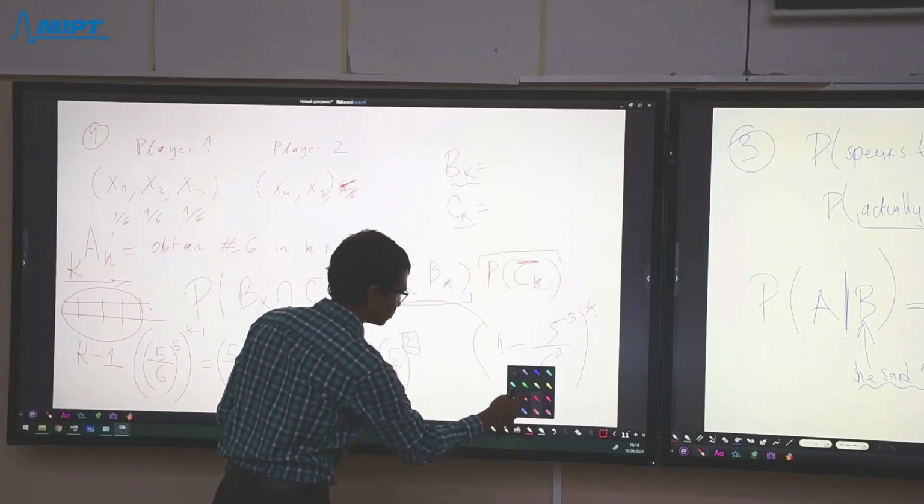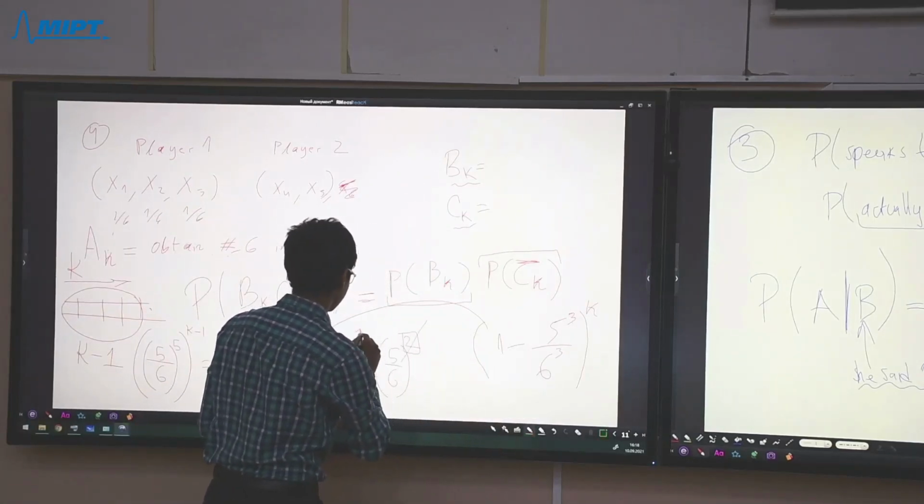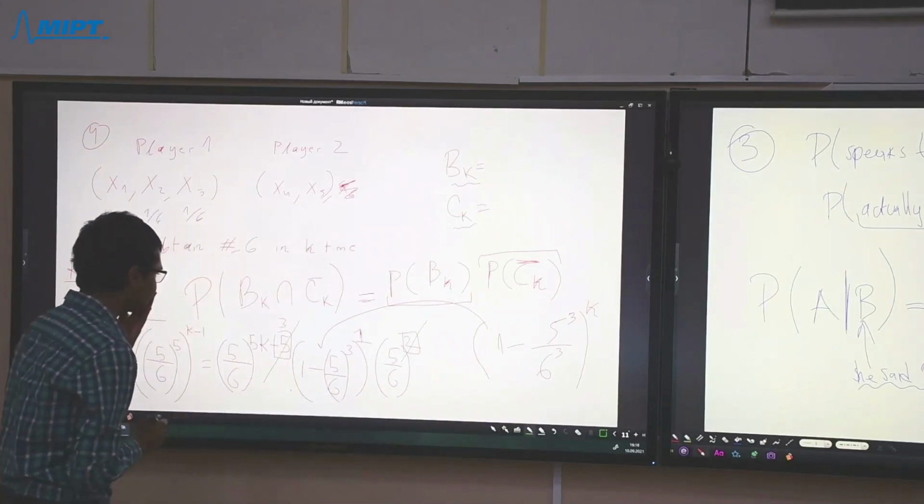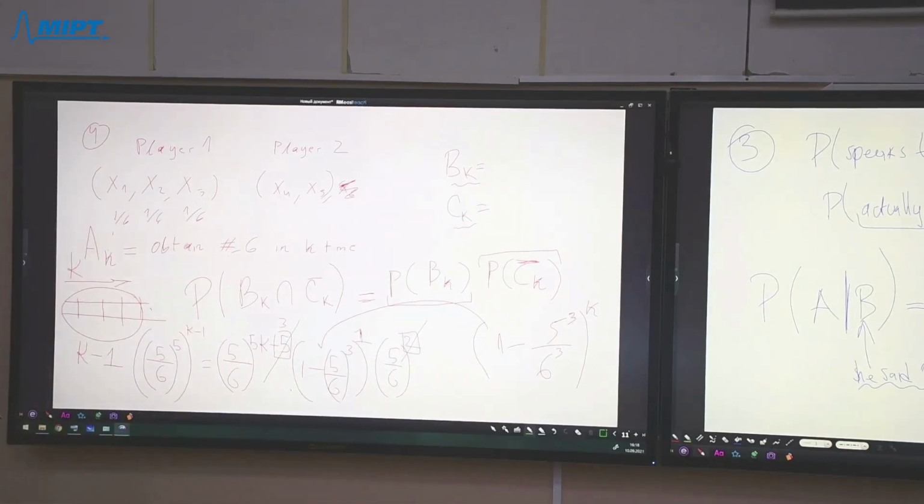Well, it looks correct, but I just don't remember which part we have to. I will check this one, but it looks right. Something is missing. I just don't remember what. Right. So I will check that and we will see. Okay. Do you mean in the number of k?